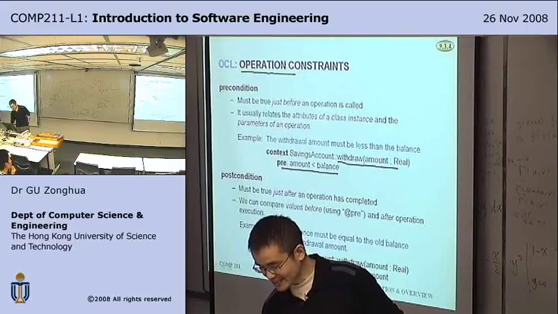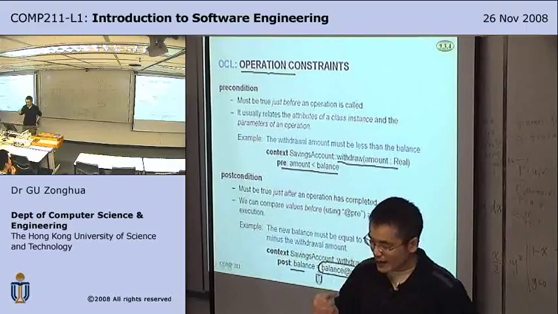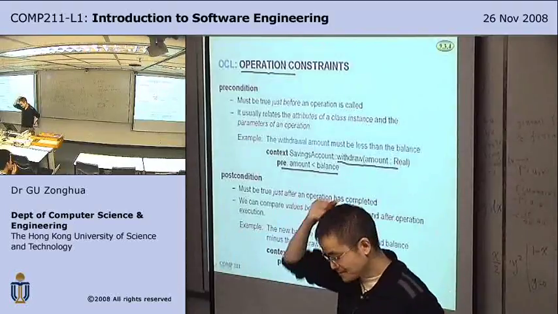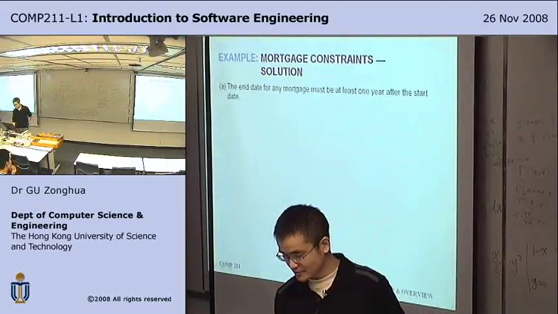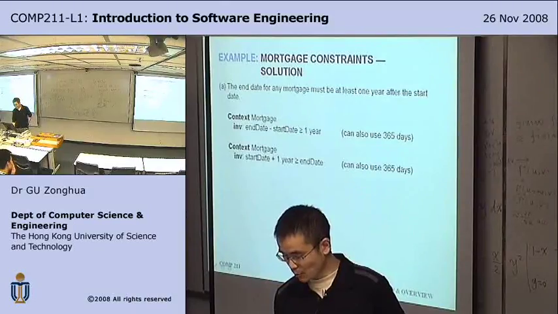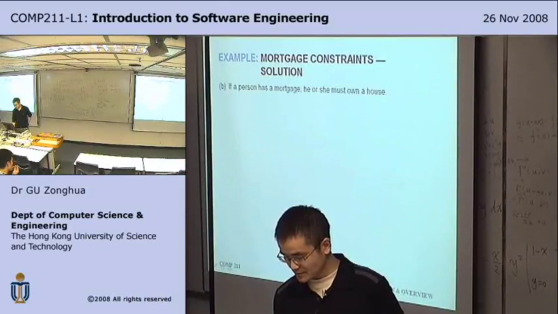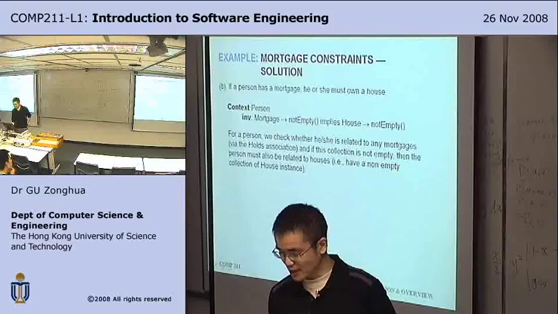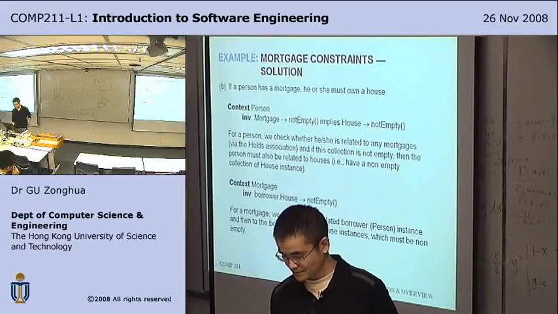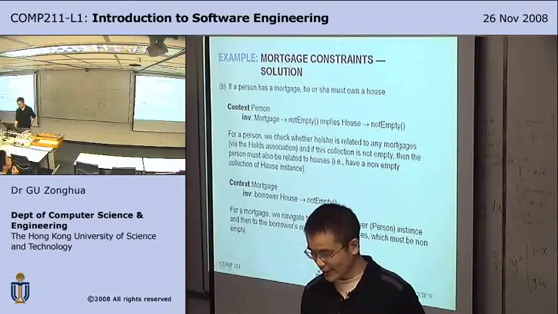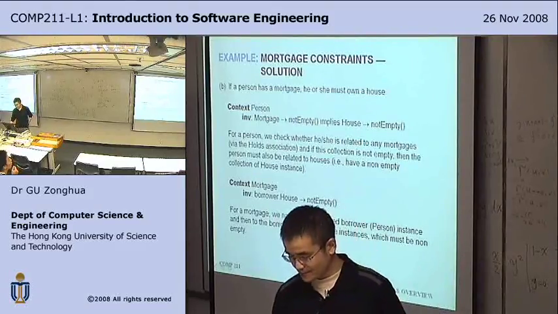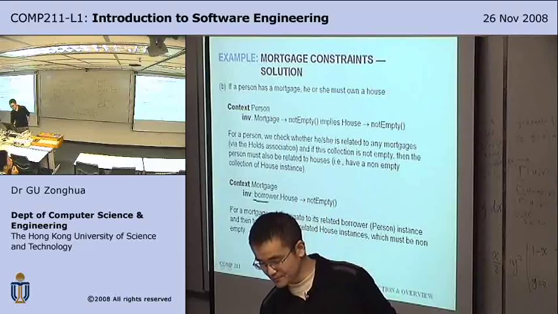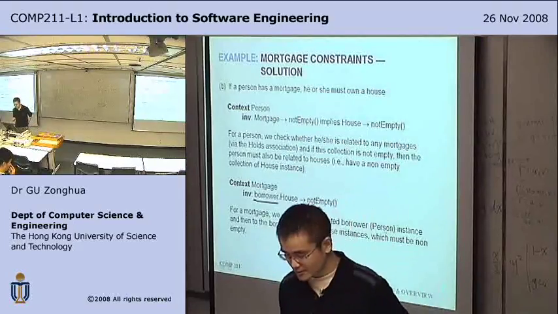This is a keyword indicating the balance before invocation of the operation. So mortgage example, pretty simple. Person has a mortgage is not empty implies house not empty. Another way of saying it is borrower dot house. Borrower is the role name of the person to mortgage association.